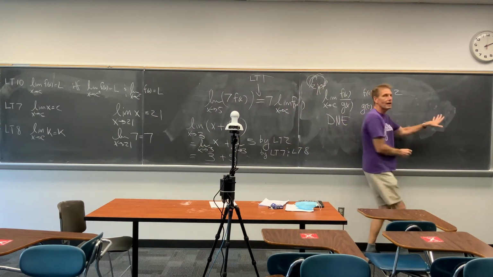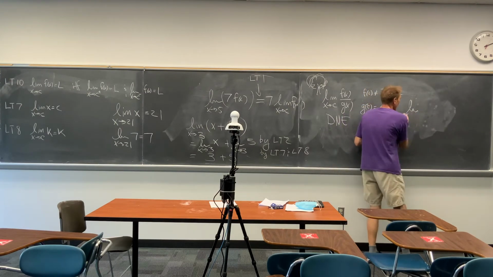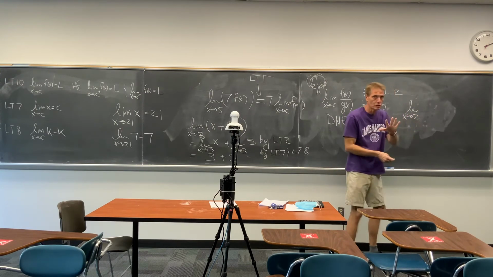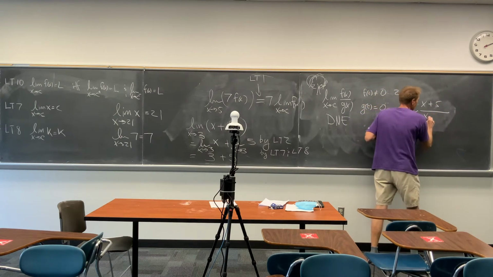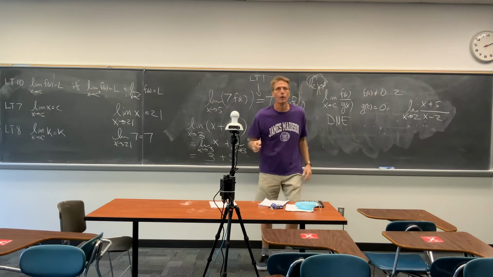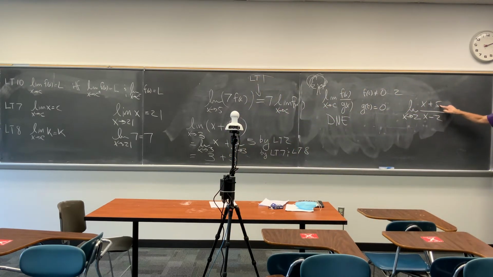Let me give you an example. Can you see that part of the board? Yeah. So for example, suppose I was looking at the limit as x approaches 2 of x plus 5 over x minus 2. When you plug a 2 into the numerator, what number do you get? 7.